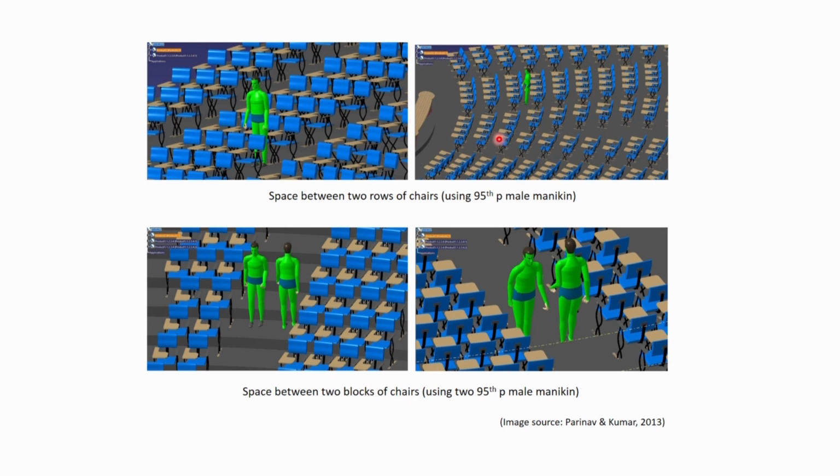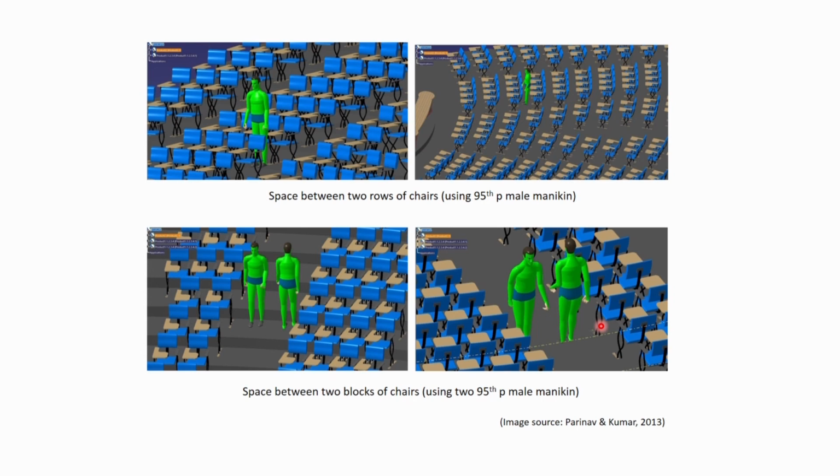Here you can see the chair arrangement, and in between two blocks of seats the space is sufficient for movement of at least two people with larger body dimension side by side. That is also shown here.